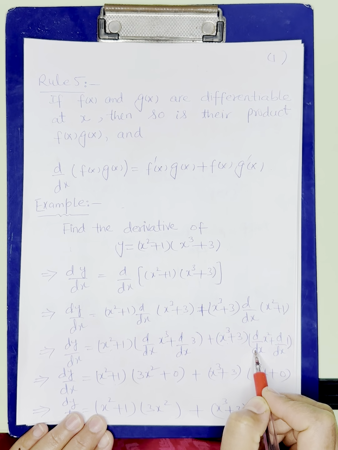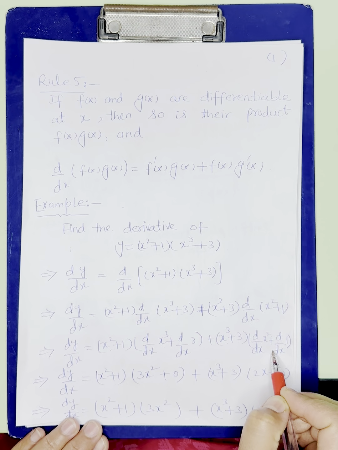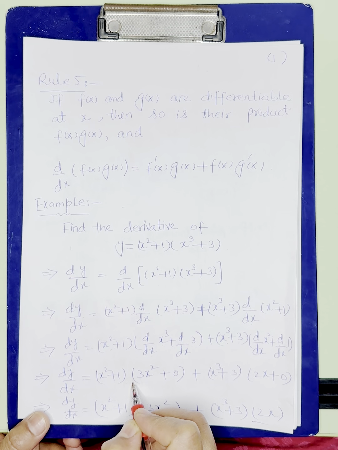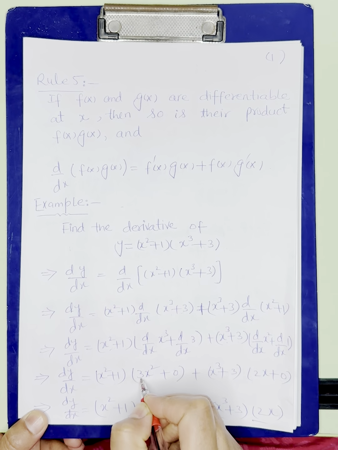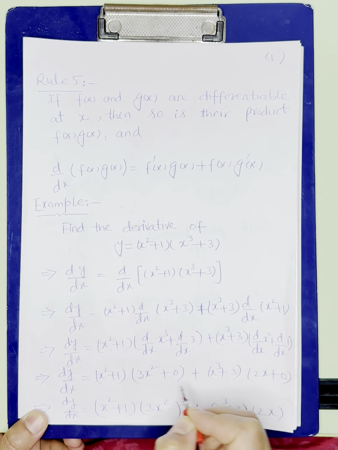Similarly, derivative is applied on x square and 1 separately by using sum difference rule. In this step, derivative of x cube is calculated by using power rule, and according to power rule, exponent is written over here and 1 is subtracted from the power of x.